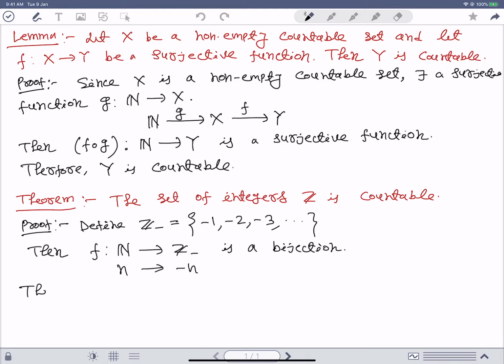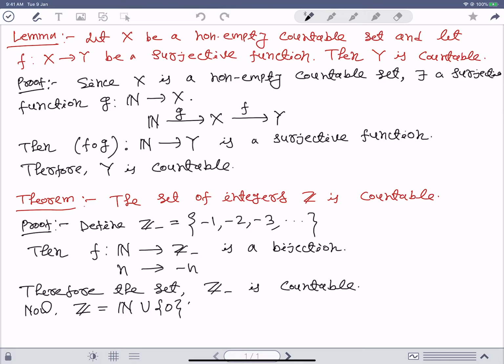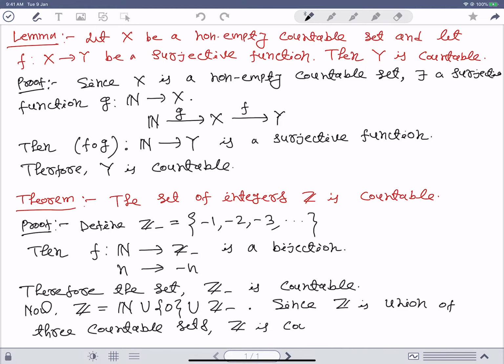Therefore the set Z minus is countable, right? Now we can write Z as the union of the set of natural numbers, union 0, union Z minus. Now since Z is a union of three countable sets, therefore Z is countable. Fine.